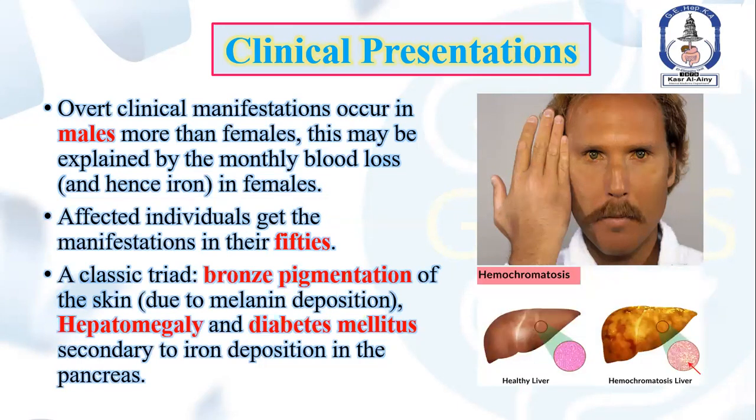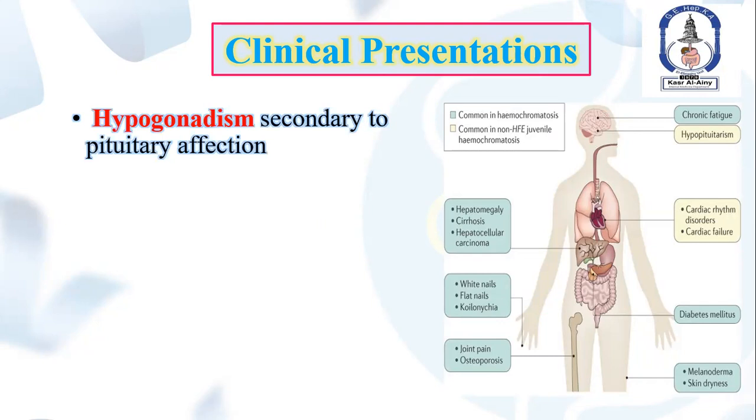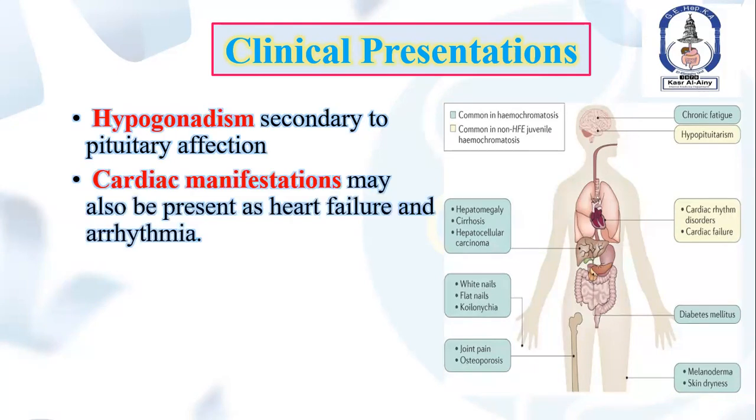And this is the way the liver looks when there is excess iron deposition in it, and hemochromatosis will appear in the pathology. The clinical presentation, of course, is according to the organ where it is deposited. When it is deposited in the gonads and in the pituitary, it will cause hypogonadism secondary to the affection of the sex hormones and the gonadotropins.